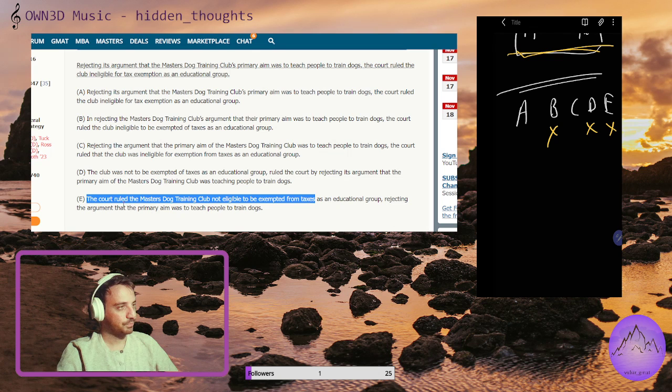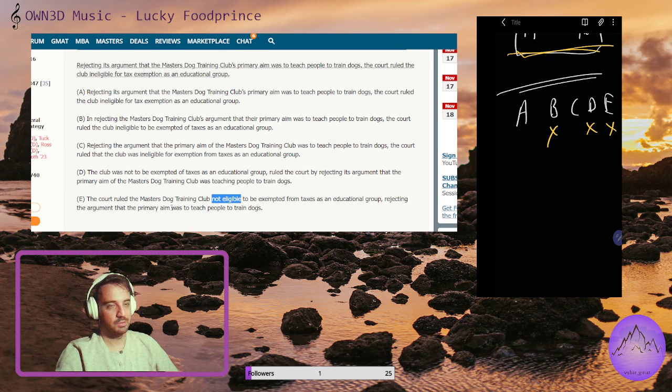Specifically, the court ruled the club not eligible, so that should say ineligible, for one. You would say they are not eligible, but to say the court ruled them not eligible doesn't quite work. You'd have to say the court ruled them ineligible, or ruled them to be ineligible.